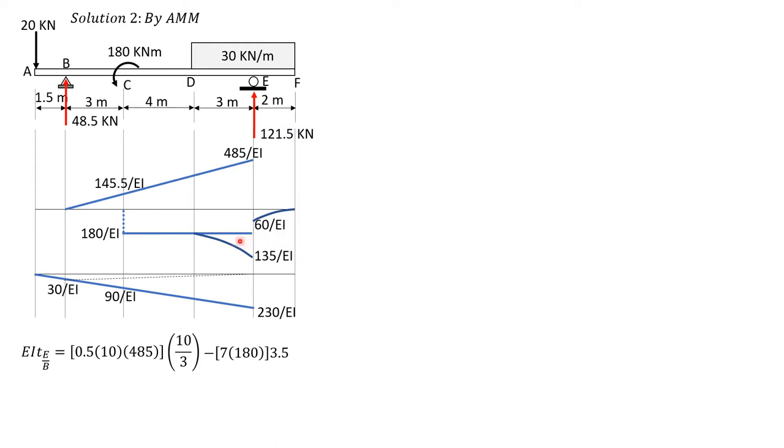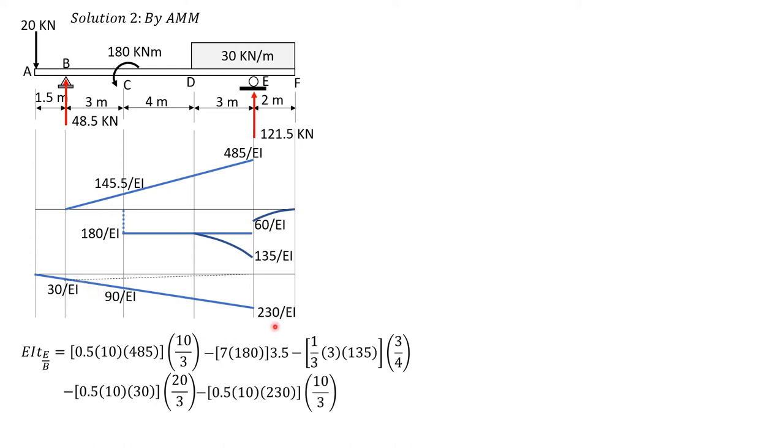The moment arm is 3 over 4, or 0.75. Then for this small triangle, 1/2 of 10 times 30 times 2/3 of 10 is 20 over 3. Then this big triangle, 1/2 or 0.5 of 10 times 230 times 10/3.